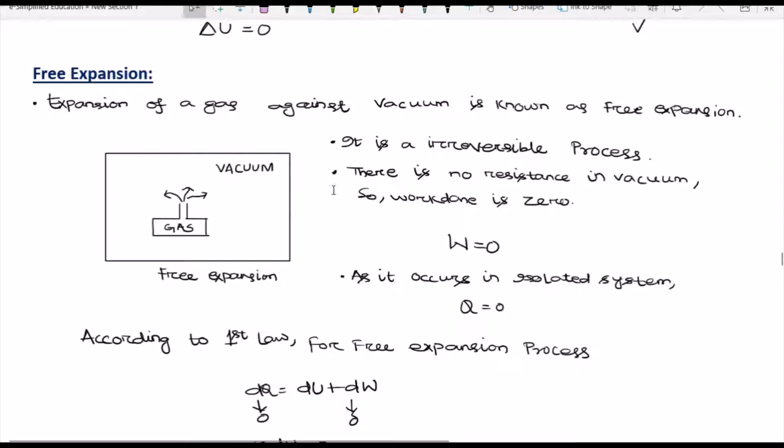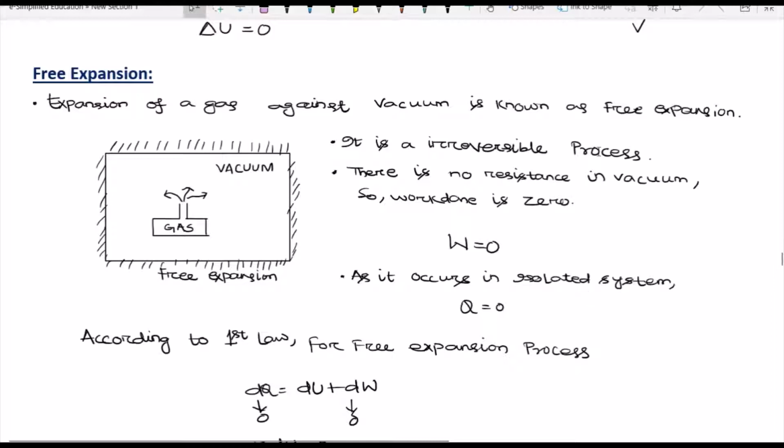There is no resistance in vacuum, so there is no work done, work done will be 0. And as it occurs in an isolated system, Q will be 0. So the net heat transfer will also be 0. The work transfer is 0, the heat transfer is also 0.